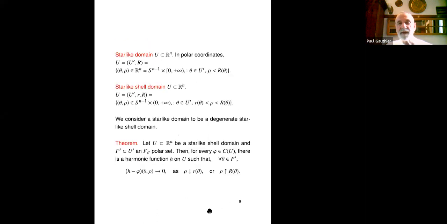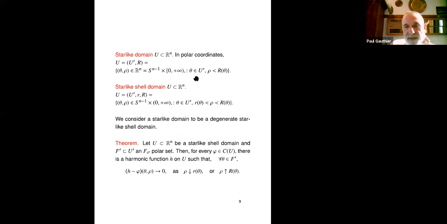Now here's an analogous theorem. Instead of a region between two graphs, two surfaces, it's a star-like domain U in Rn, in polar coordinates. So now we consider Rn as the product of the sphere and real numbers going from 0 to plus infinity.